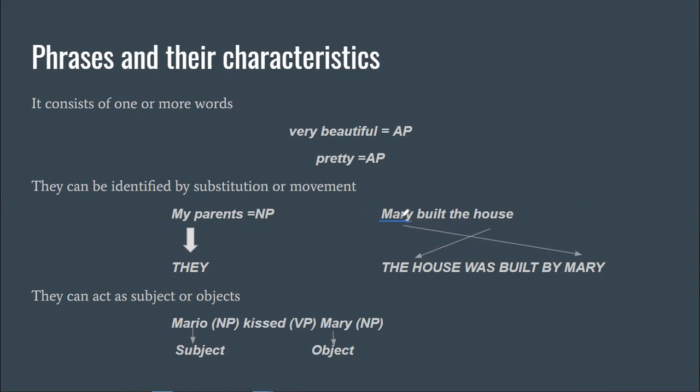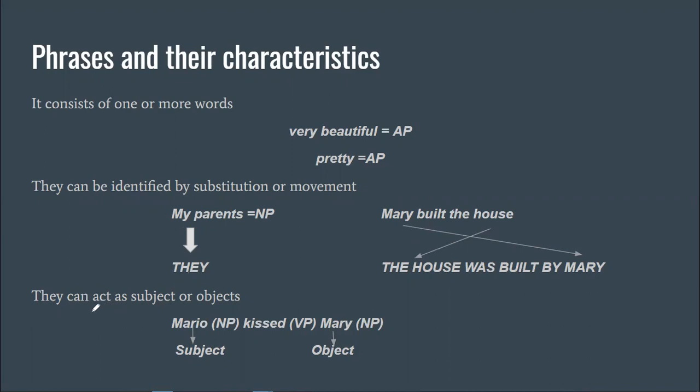Mary is a noun phrase, and it can be moved in the sentence, the house was built by Mary. Again here, the house is a noun phrase and can be moved as well. In this case, they are acting in a different syntactic role in the sentence, but the noun phrase is moved. The meaning is the same.